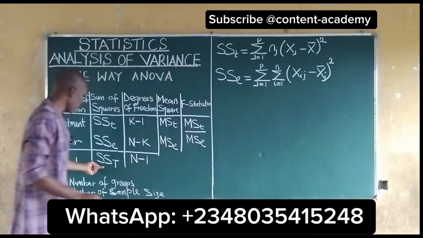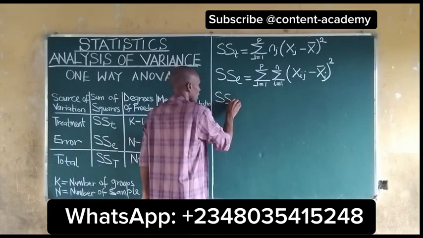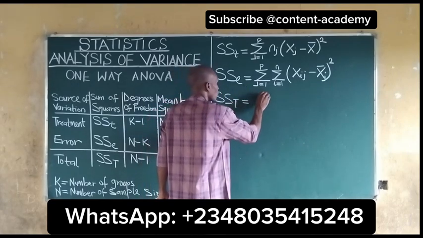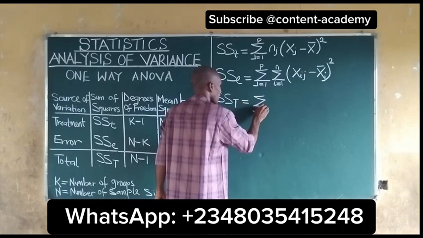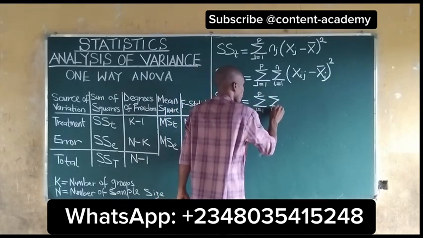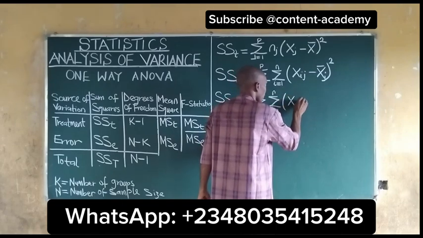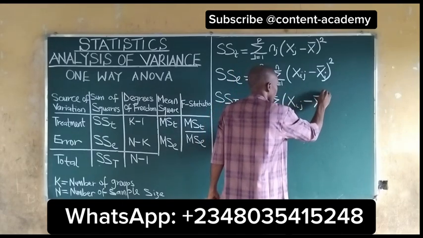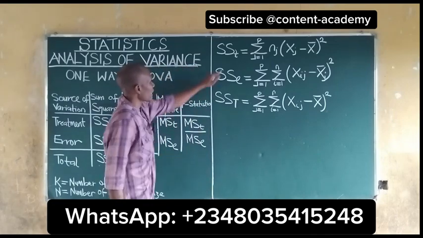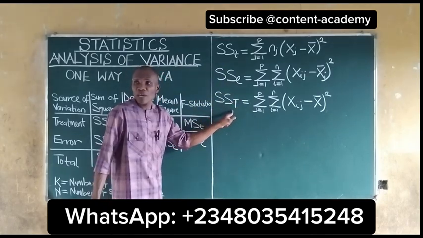The next thing we have is the sum of square total, which is the summation of j running from 1 to k, summation of i running from 1 to nj, of xij minus the grand mean, squared. So this is how we can get the sum of square treatment, the sum of square error, and the sum of square total.